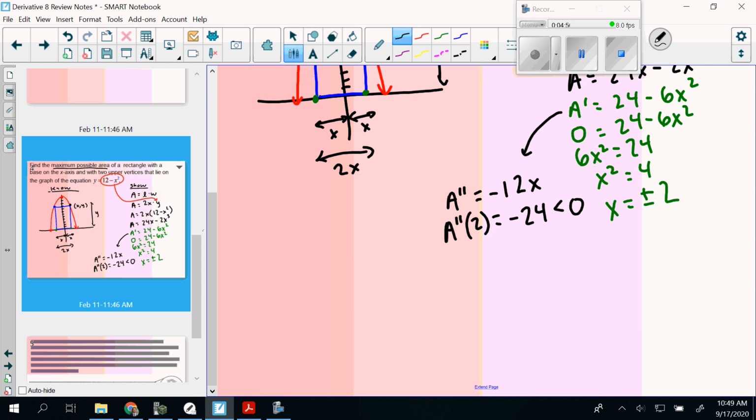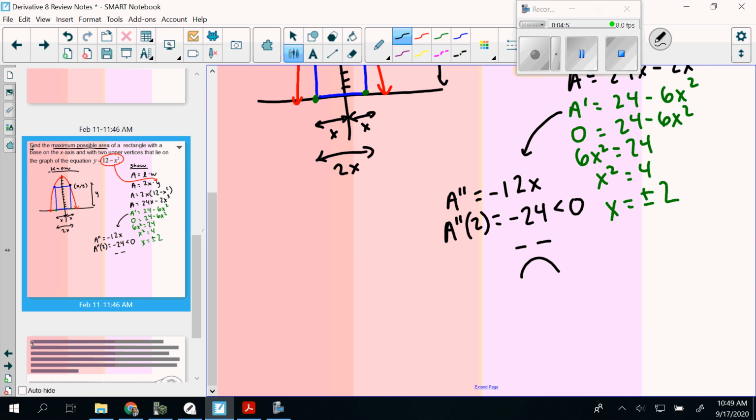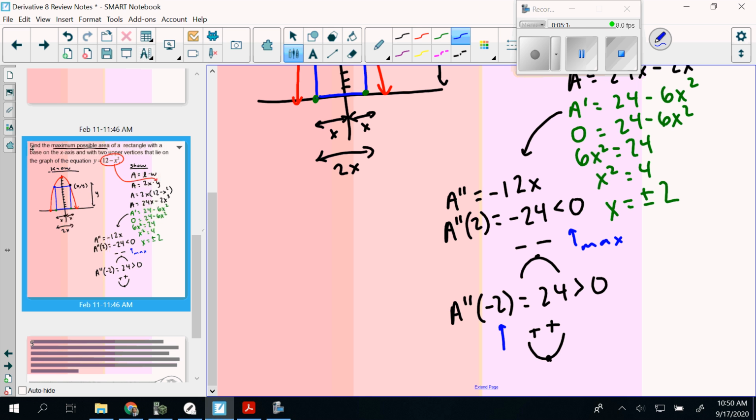And we know if the concavity is negative, we have a maximum here. So this leads us to a maximum at 2. If we did it at negative 2, we get positive 24, which is bigger than 0, so the concavity is concave up. That means at negative 2, that's a minimum. So our maximum is going to be at positive 2.